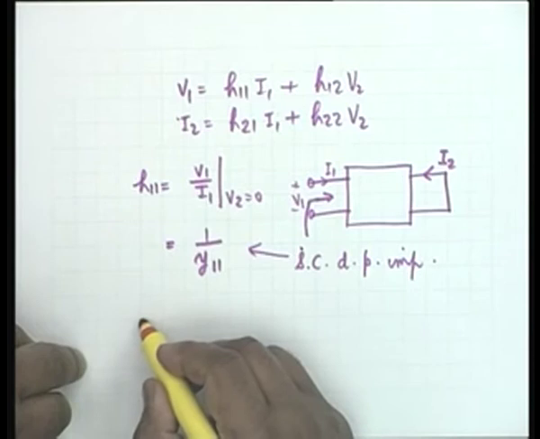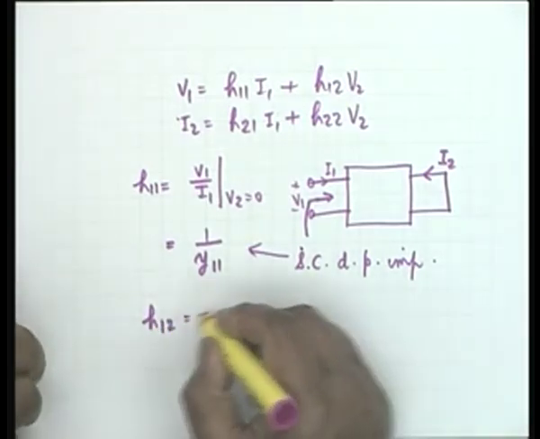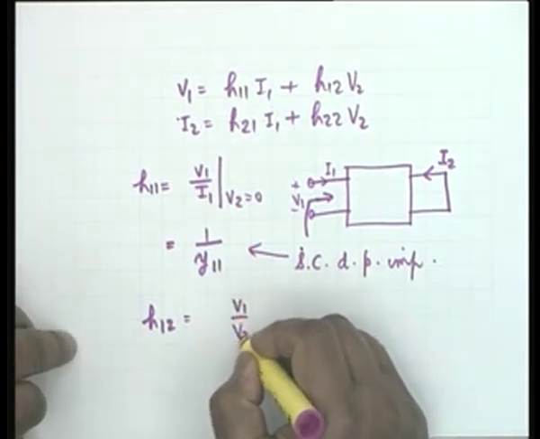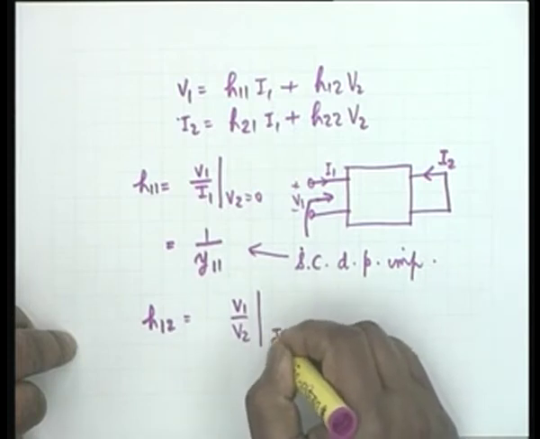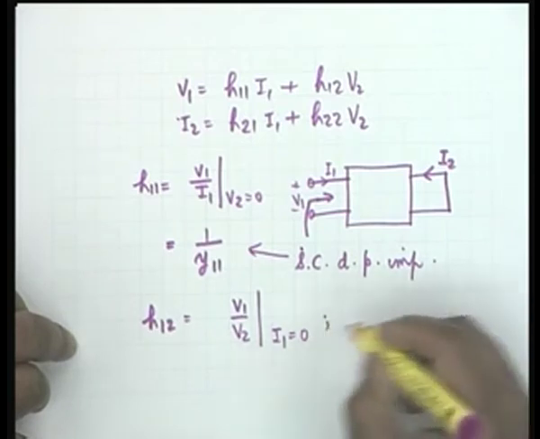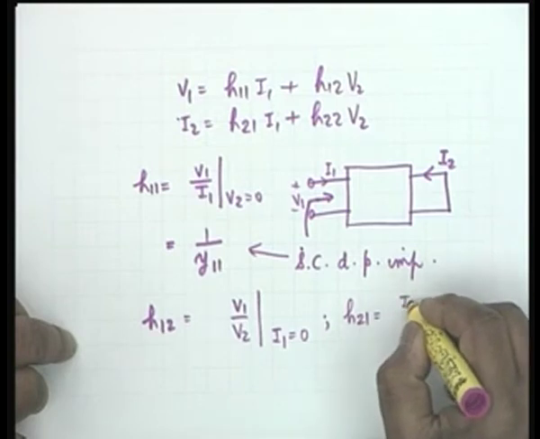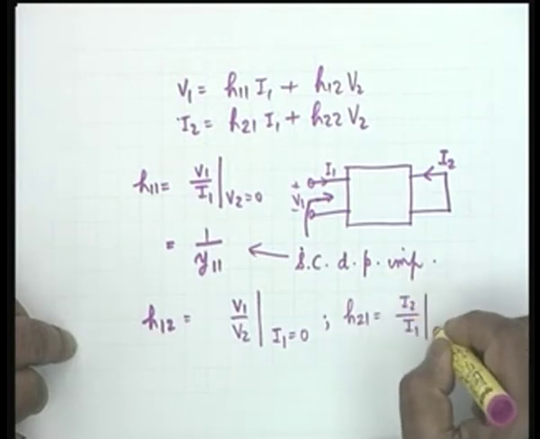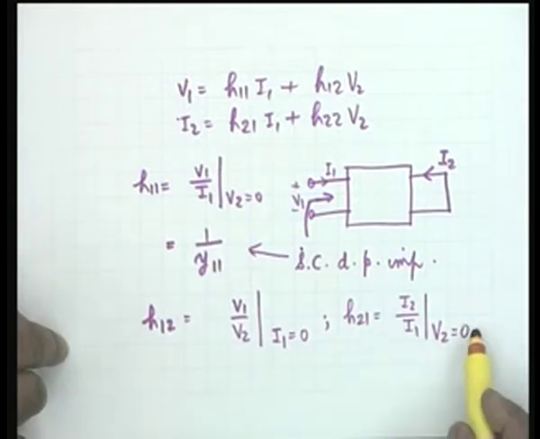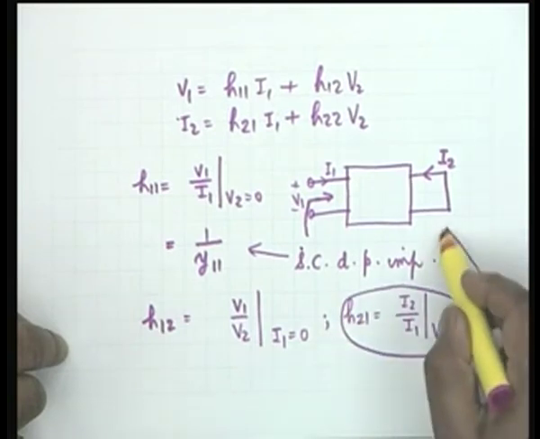Let us look at H12. By definition, H12 is V1 by V2 under the condition I1 equal to 0. But before we take this, let us take the other one. H21 is equal to I2 by I1 under the condition V2 equal to 0. So, H21 can be calculated from this diagram.